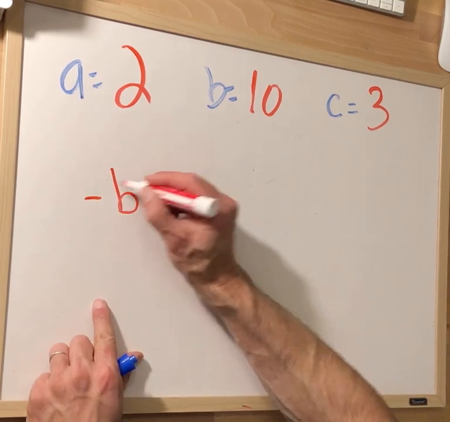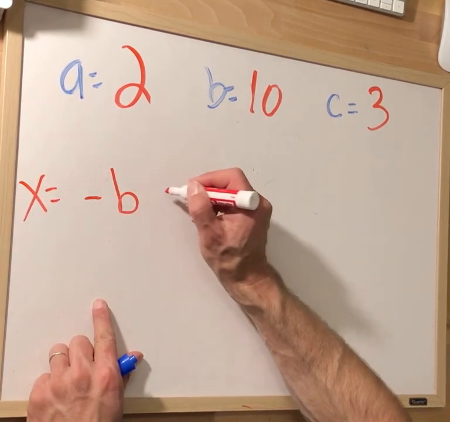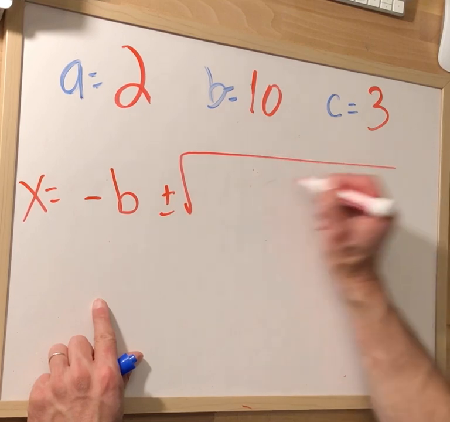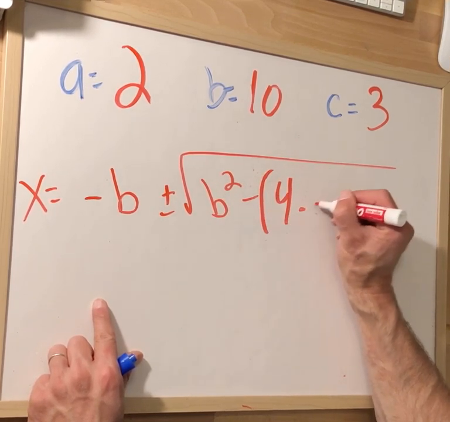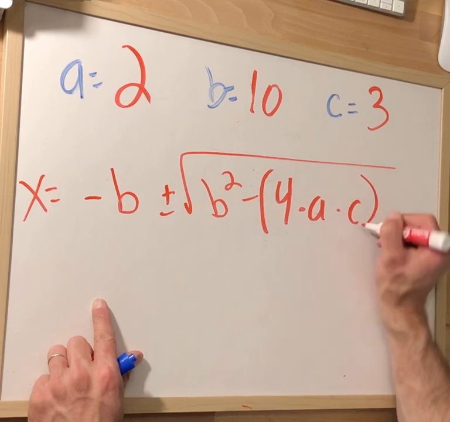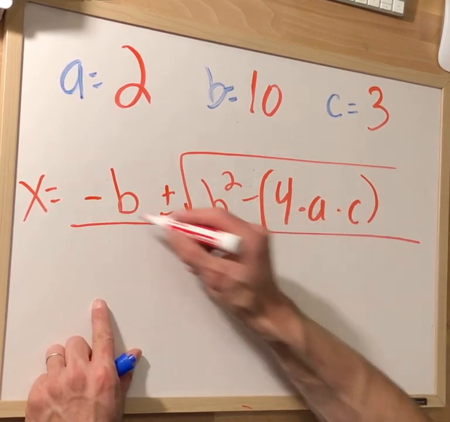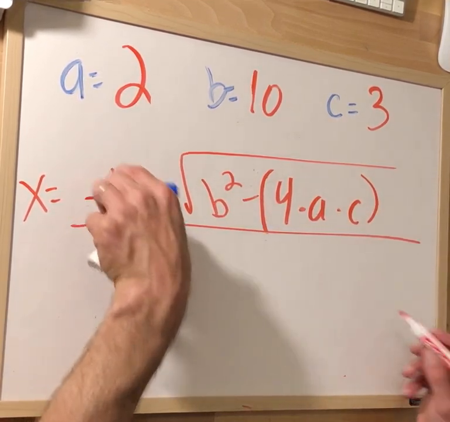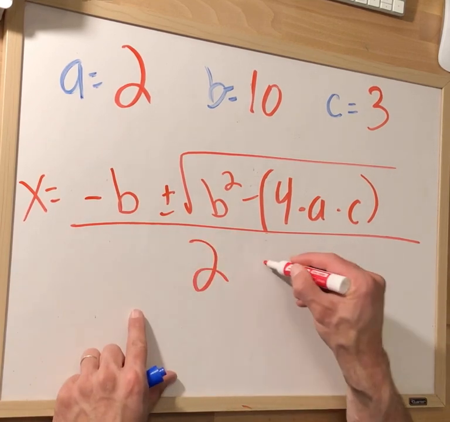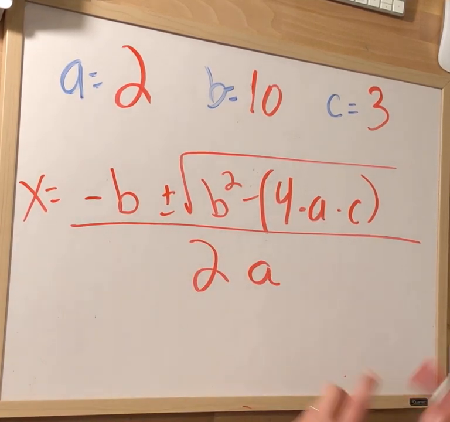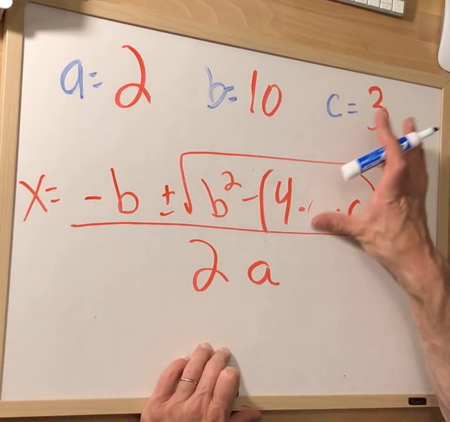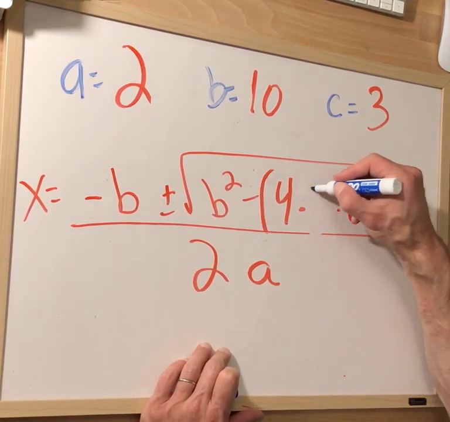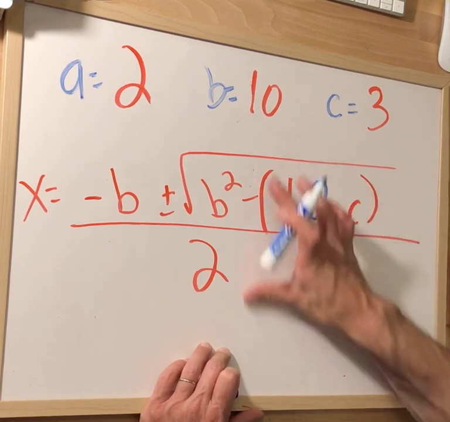I have x equals negative b plus and minus the square root of b squared minus parenthesis 4 times your a times your c, the whole thing, even this on the outside, divided by 2 times a. First step, wherever I have an a, I'm going to plug in a 2, here and here.